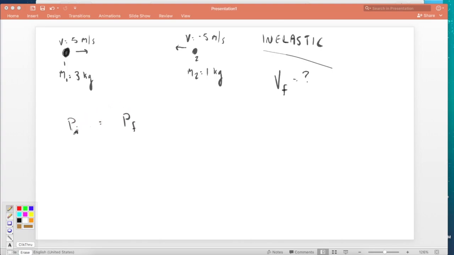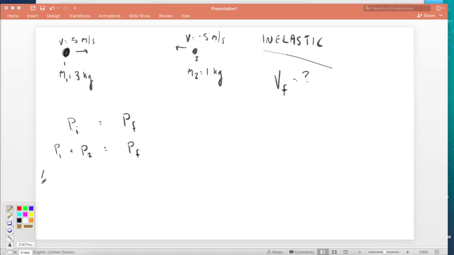And let's start thinking about how I can turn these into bigger expressions. Before the collision, the momentum is very simply going to be the momentum of object 1 plus the momentum of object 2. So I can say that's going to equal my final momentum.